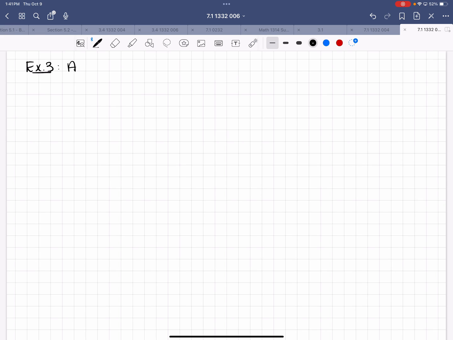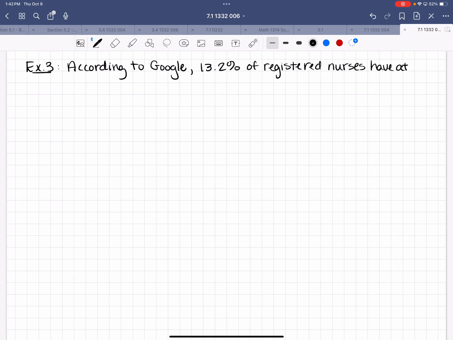According to Google, 13.2% of registered nurses have at least a master's degree.